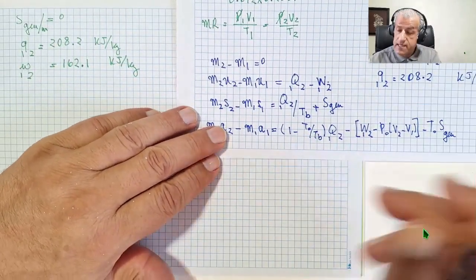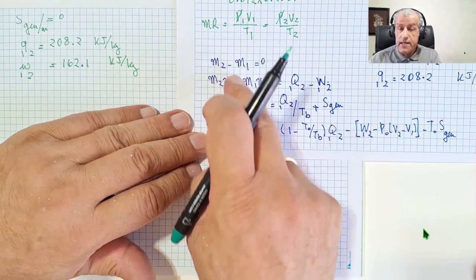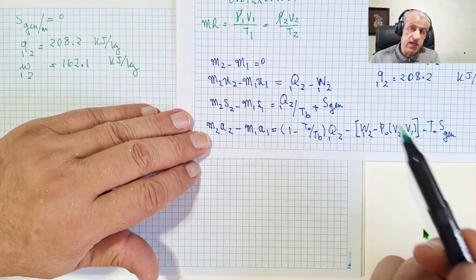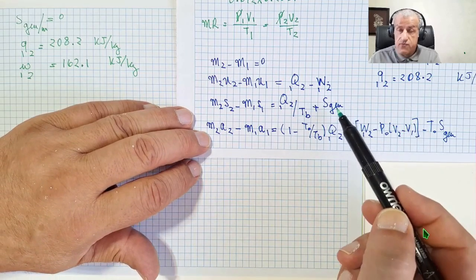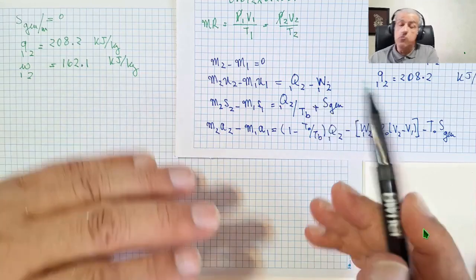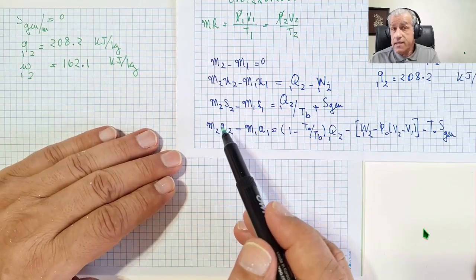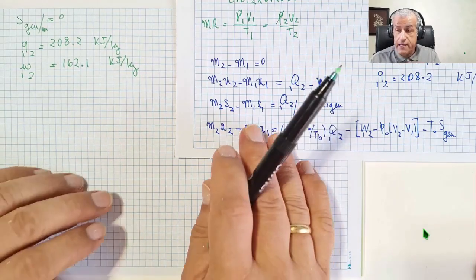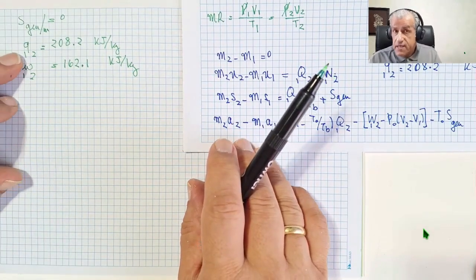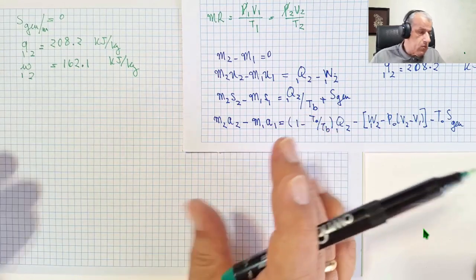You see, in these equations, previously what we did, we knew the left-hand side and calculated Q, W, and S generation. Now we have values for S generation, W, and Q, and we shall move to the left-hand side and calculate, for this very ideal case where maximum work is produced for this heat transfer, what other properties would look like.